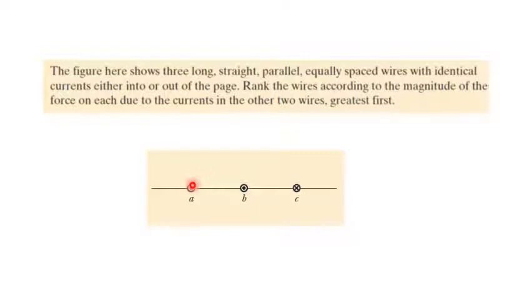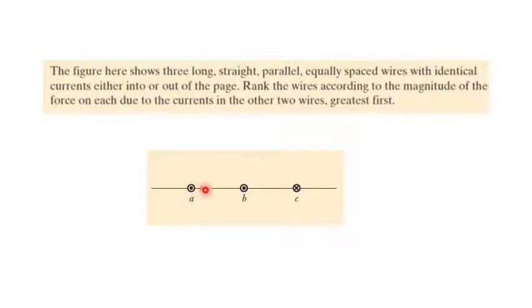Let us see the force at the wire A. Here we have a force coming from B, which is attraction, and this force is inversely proportional to the distance between them, which is D. Then the force from C to A, because they are in opposite directions to each other, will be repulsion, and this force will be proportional to 1 over 2D.